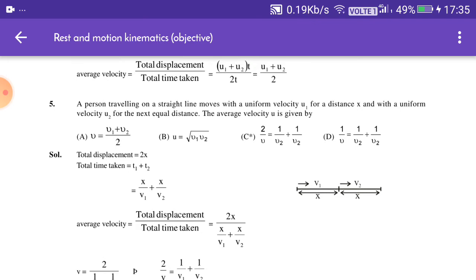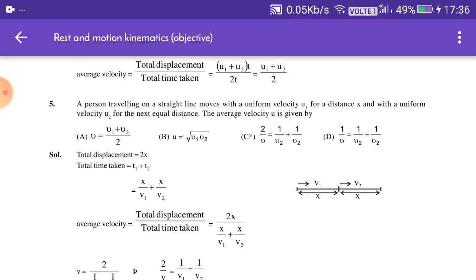The total distance is 2x. The total time taken is t1 plus t2, which is equal to x by v1 plus x by v2. Here you know that average velocity is total displacement by total time. What is total displacement?